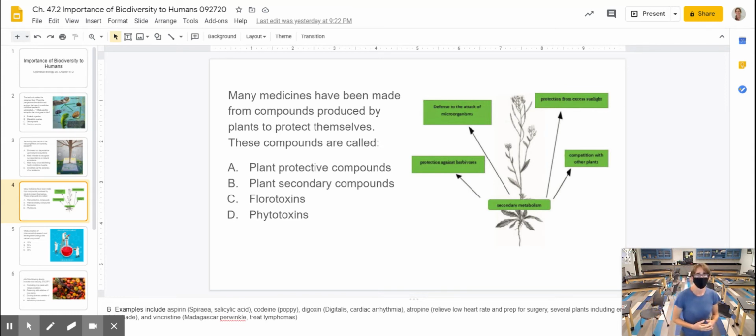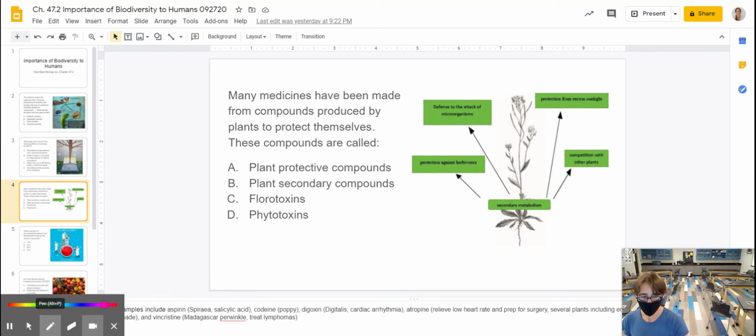But anyway, the point is that they talked about how many medicines are made from natural compounds, or have been identified and discovered from living organisms, the ultimate source of many medicines that we've used. A lot of these medicines have specifically come from compounds produced by plants to protect themselves. So what is the name of these compounds that plants use to protect themselves?